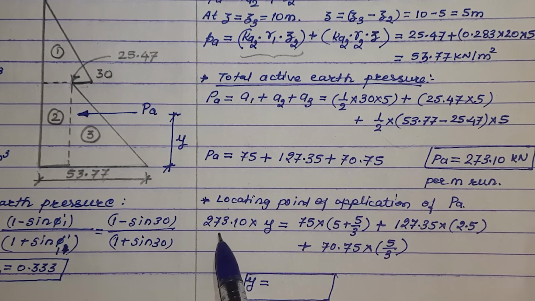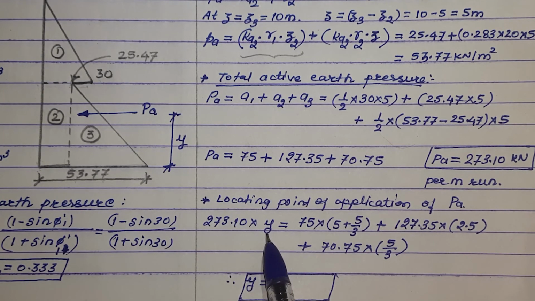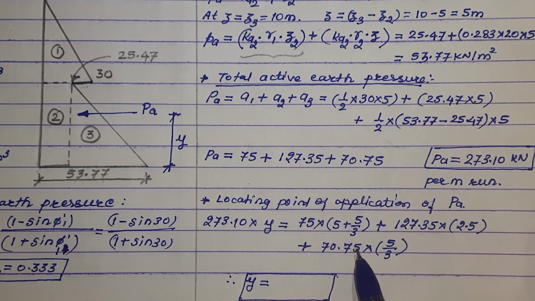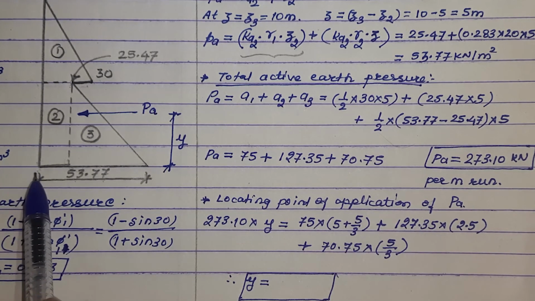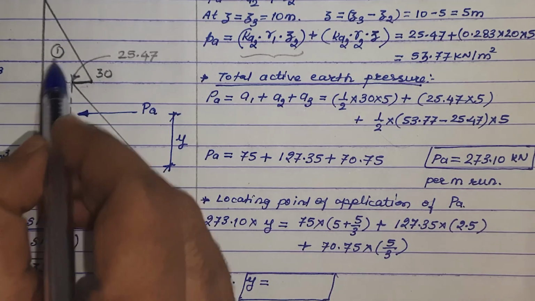Thus, total area is 273.10, which is nothing but the total active pressure, multiplied by distance y, is equated to the sum of the moments of all areas. First area is 75 multiplied by the lever arm. Lever arm is 5 plus 5 by 3.